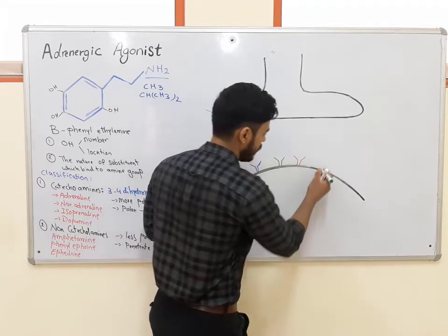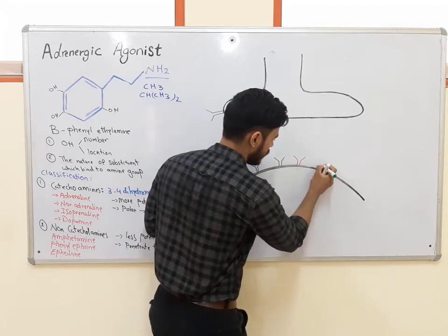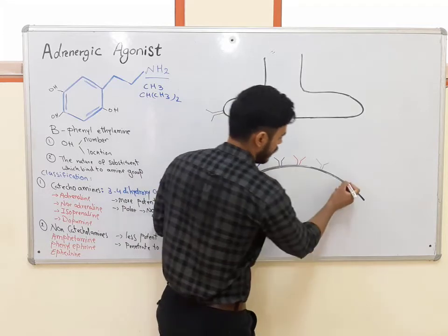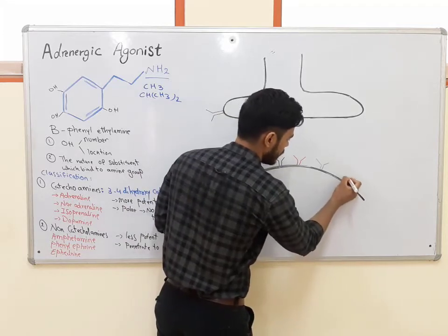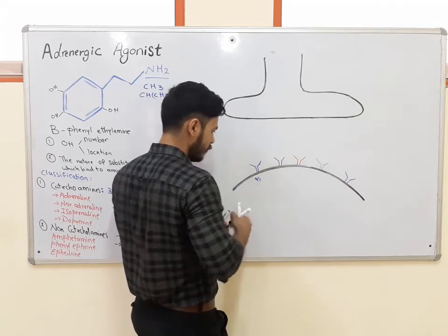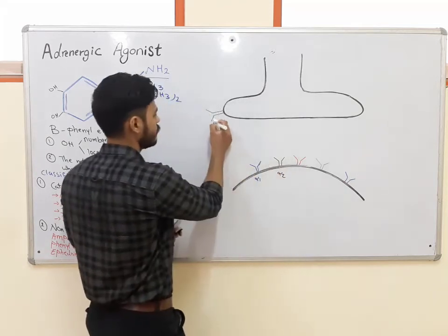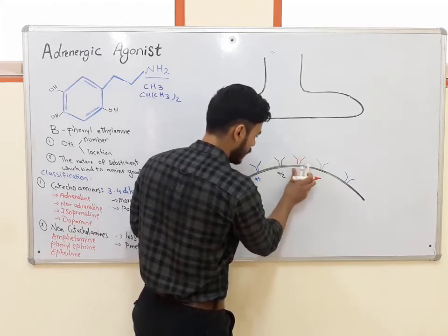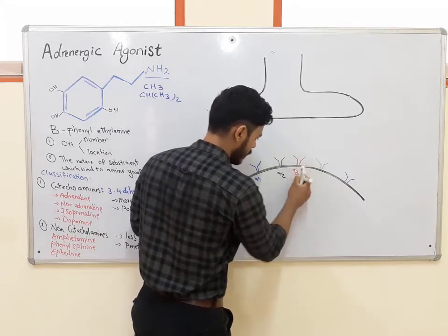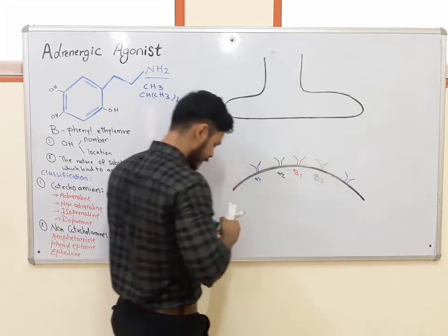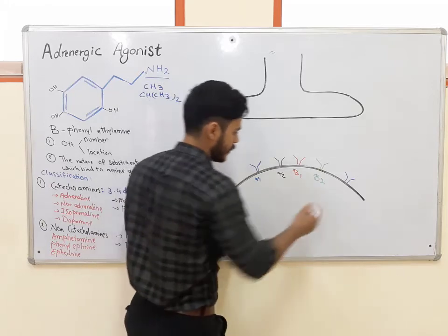We have the beta 2 receptor and we have the beta 3 receptor on adipocytes. These are the receptors: alpha 1, alpha 2, beta 1, beta 2, and beta 3.